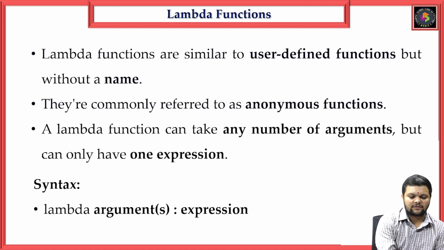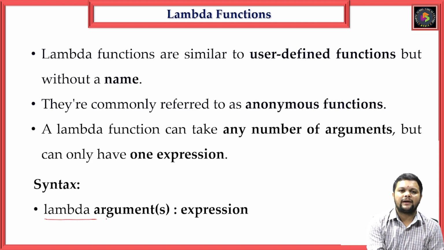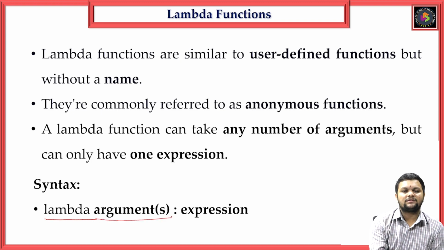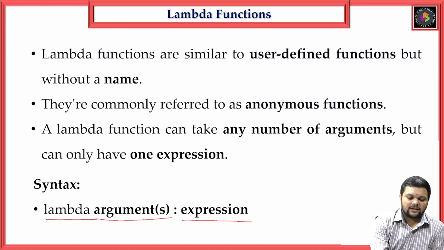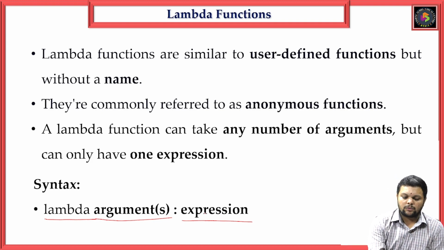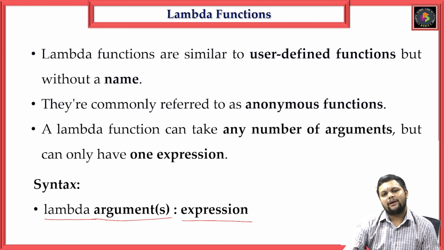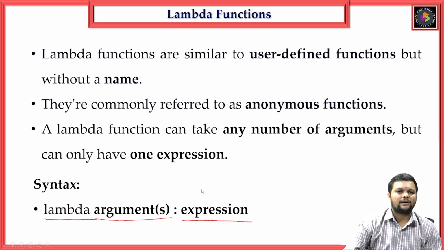So this is the syntax of Lambda function. Lambda is the keyword which is used to create a Lambda function. Then come the arguments and the expression. Any number of arguments you can pass, but you have to take only one expression and it will give you exactly one result.